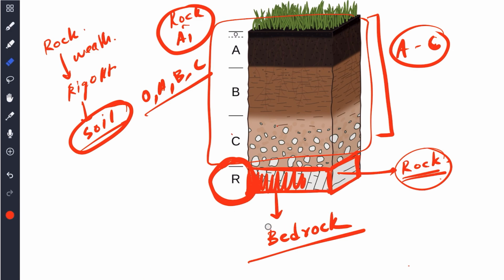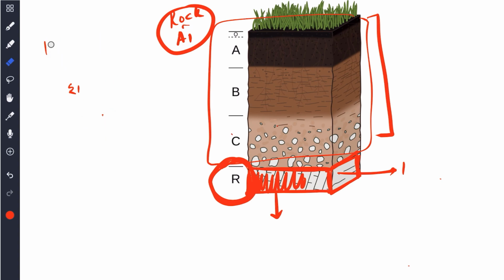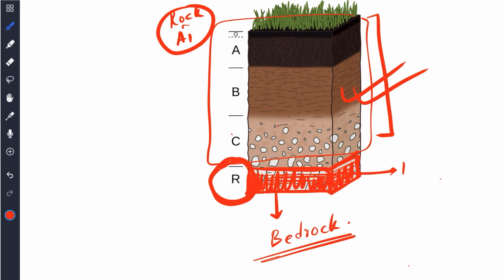That is the concept behind the R layer: in the R layer you can see the rock which formed this soil and the upper horizons, or you can see other rock also. So that's the important point regarding the R layer. Just remember the bedrock, over which these four horizons stand, and it is filled with rock, which could be the rock from which the A, B, C layers formed, or a different rock.